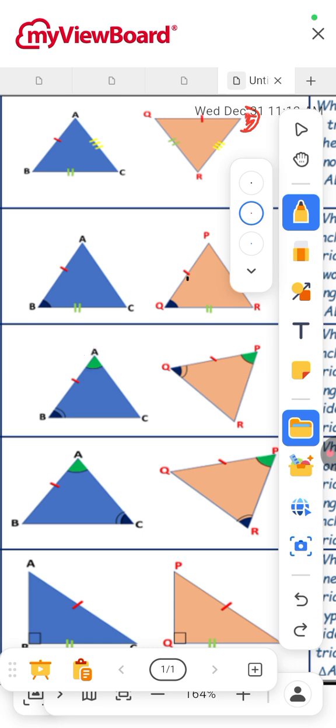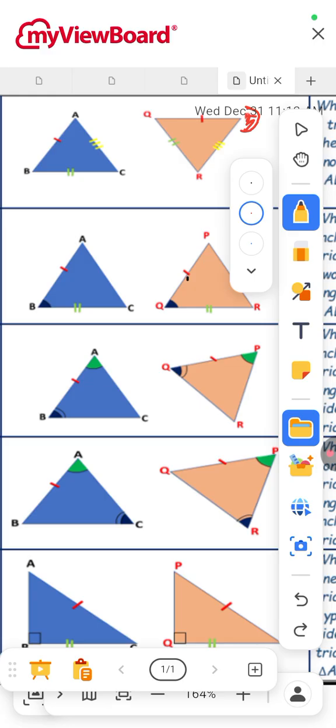Then this angle B and angle Q are also equal, looking at the way they have been painted. So that means two corresponding angles are equal.